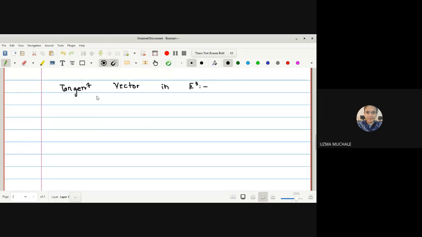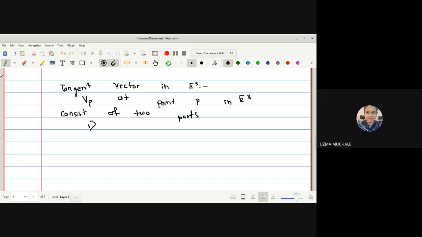Now I will write down the definition of a tangent vector. A tangent vector VP at a point P in E3 space consists of two parts. What are the two parts?